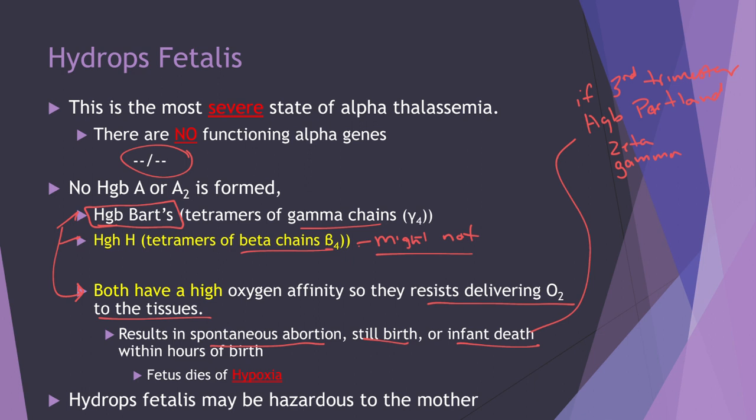Okay. However, hemoglobin Portland cannot support later stages of fetal growth. So usually these babies' lives end before birth, but once in a while you'll have a live birth that doesn't last. And then the last thing is that hydrops fetalis can be hazardous to mom, and that's due to toxemia.